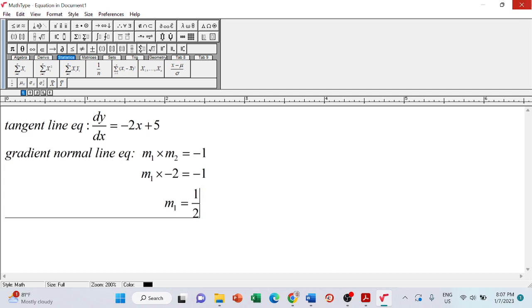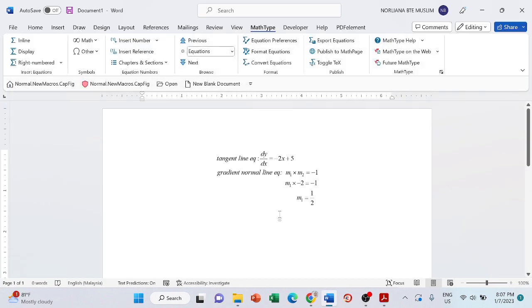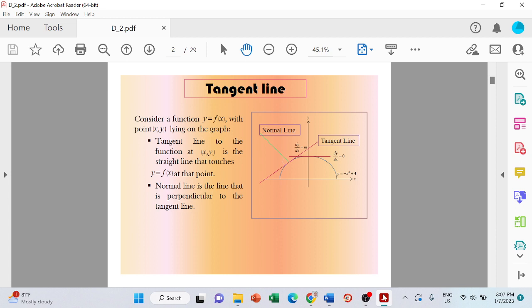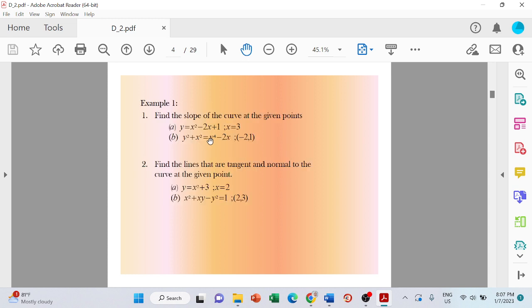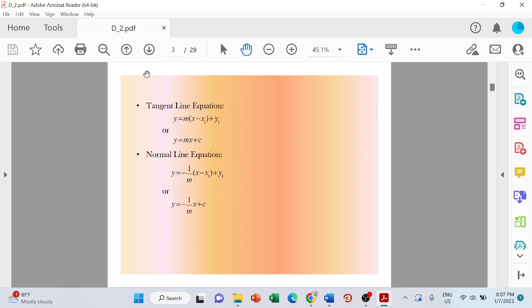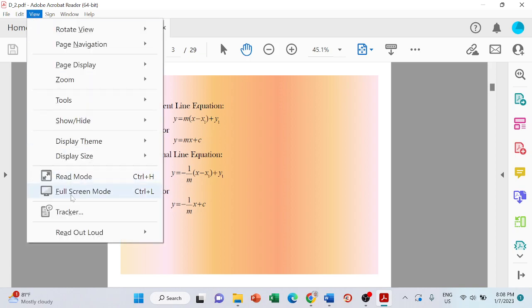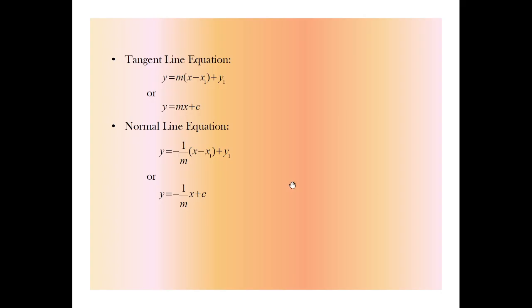So the equation is just for the gradient. The equation will usually be understandable in y equal to mx plus c. This is the basic form of the straight line equation.